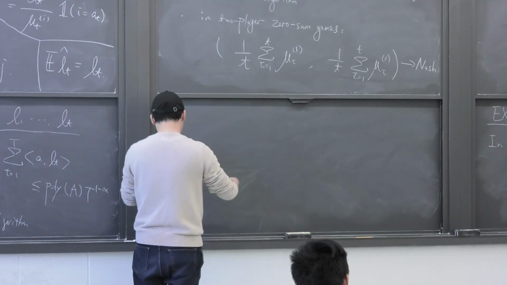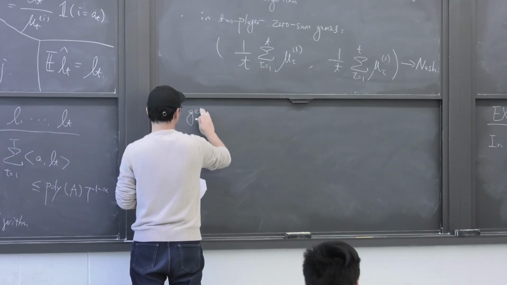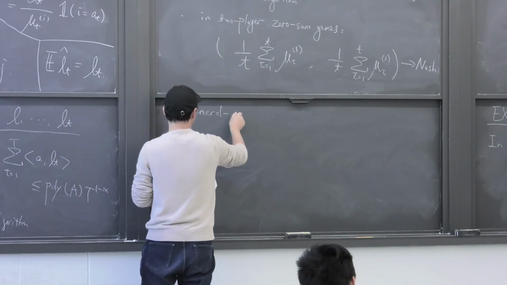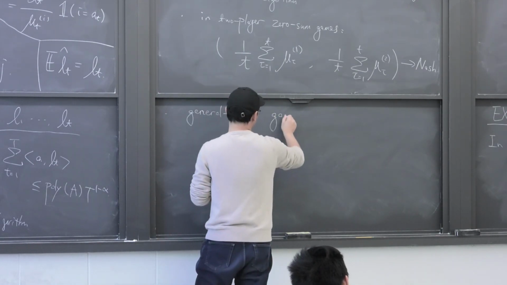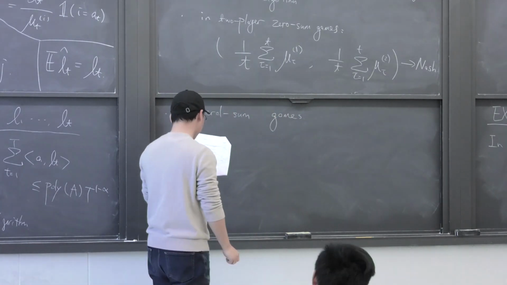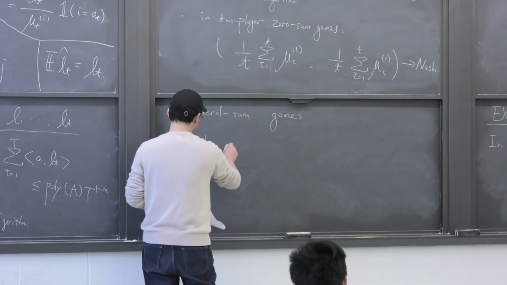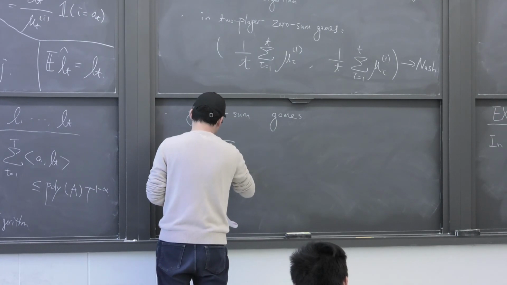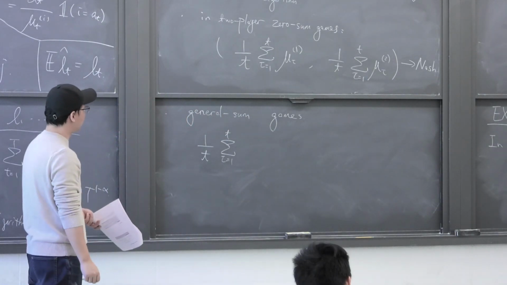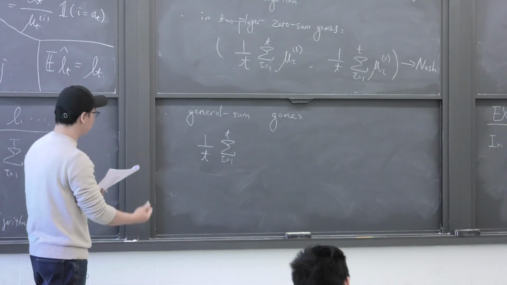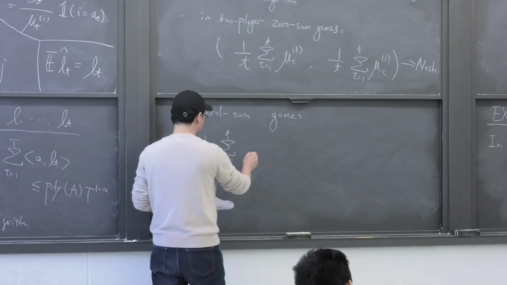And similarly, in general-sum games, we can do the following: we look at the average policy. Here it is slightly different. We should not just look at the independent sums of each player's policy, but we will look at the joint sum of each player's policy.